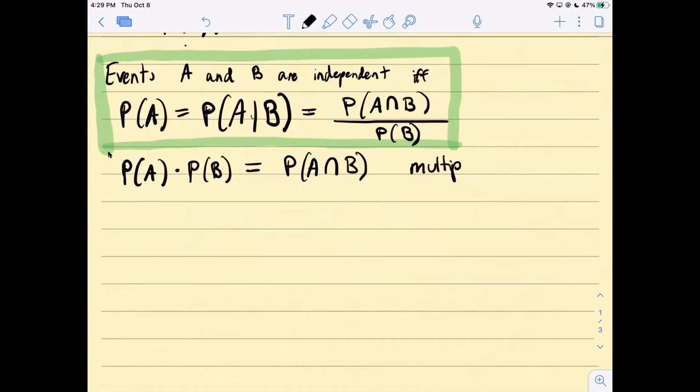This is the multiplication rule for independent events.